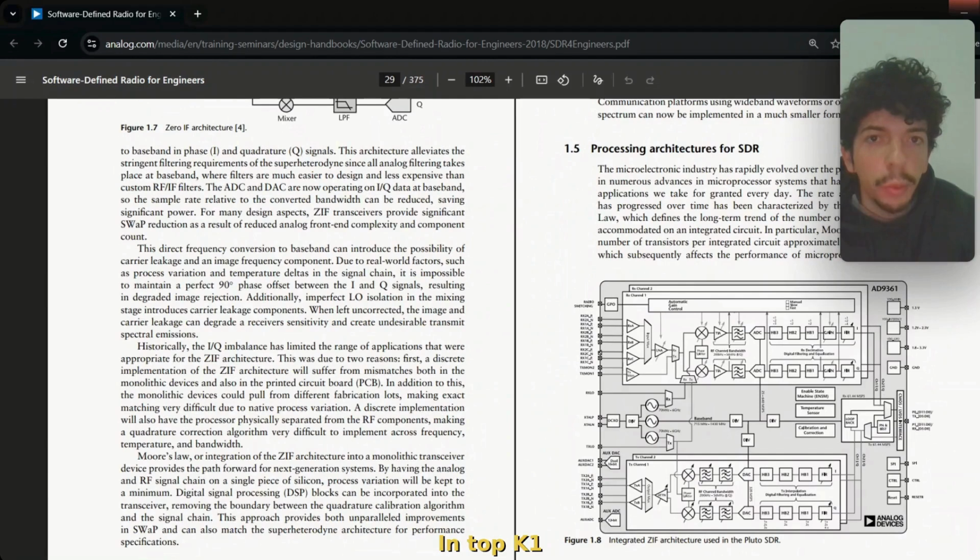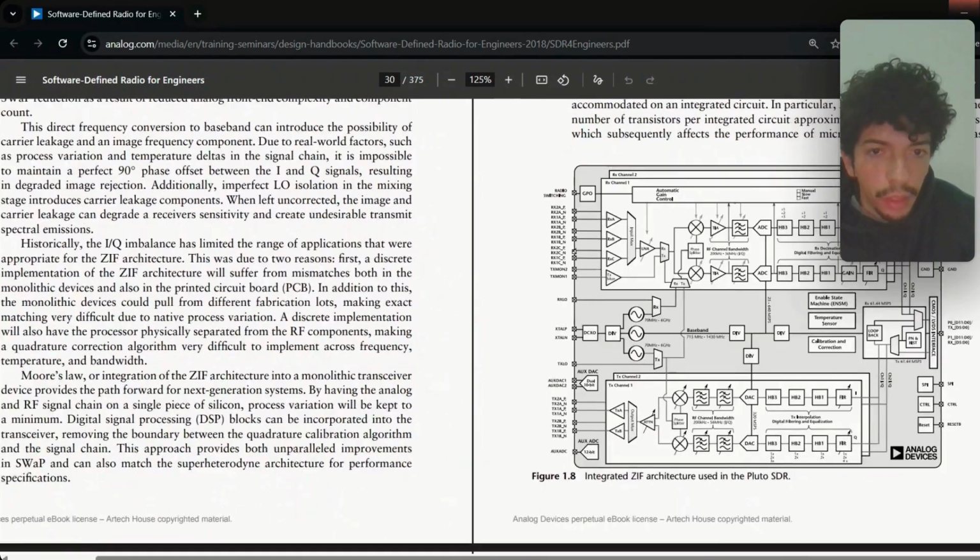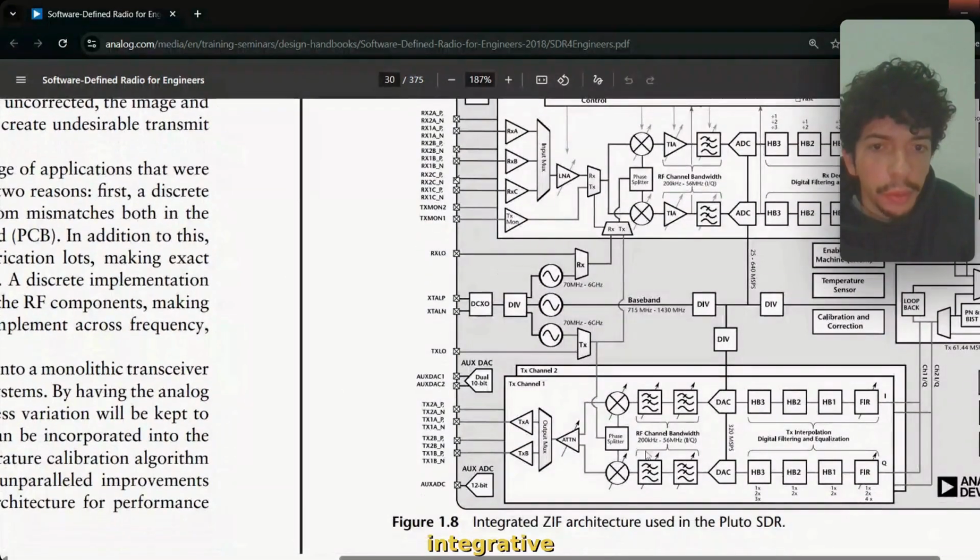In topic 1.5, processing architectures for SDR, we have an integrated architecture using the Pluto SDR, a commercial product from Analog Devices.